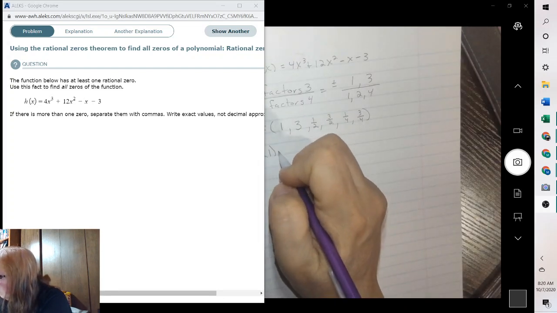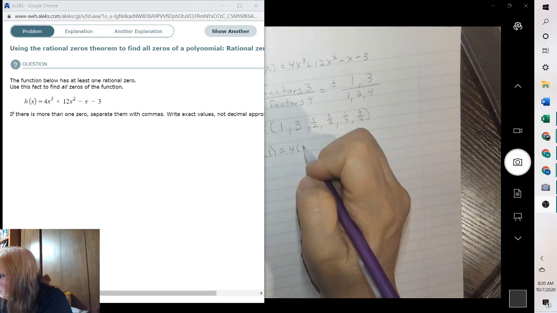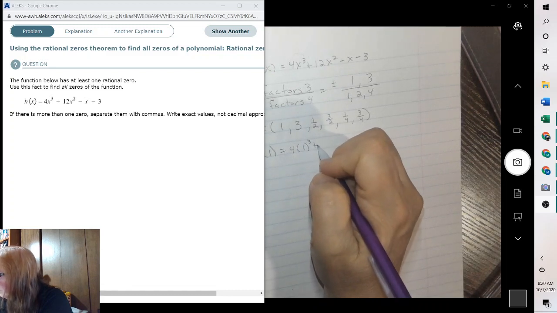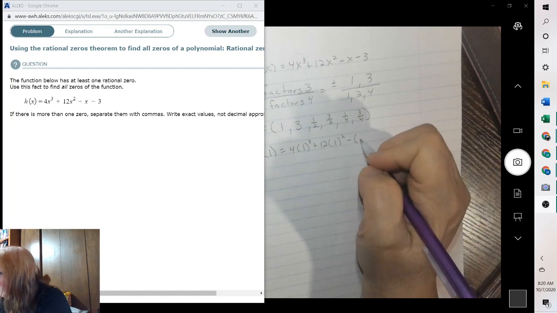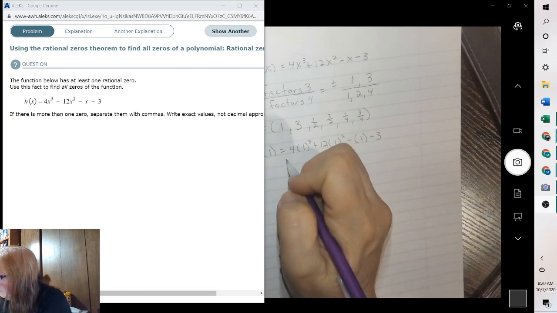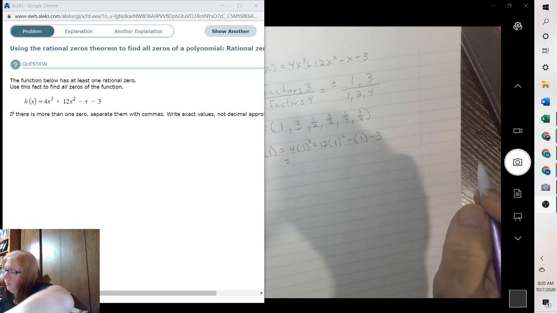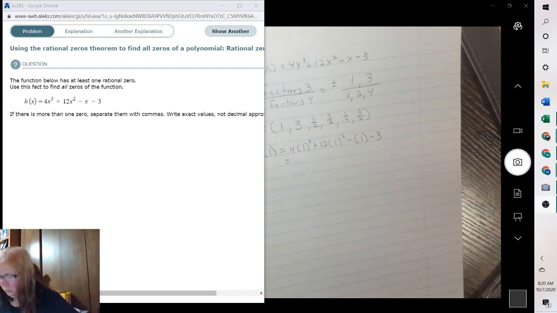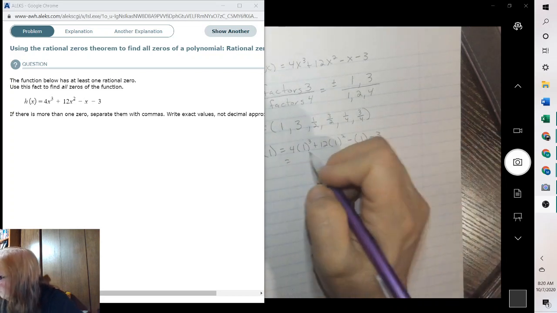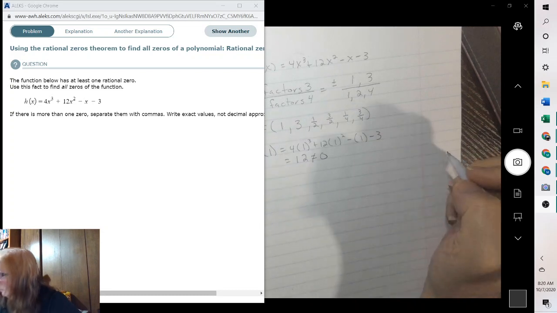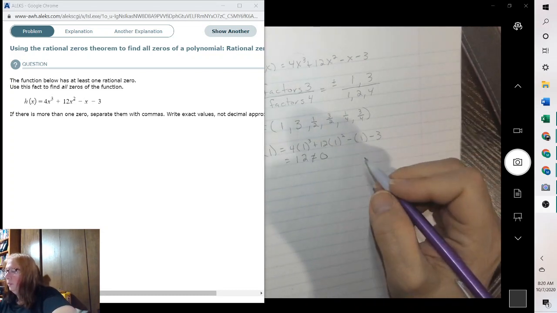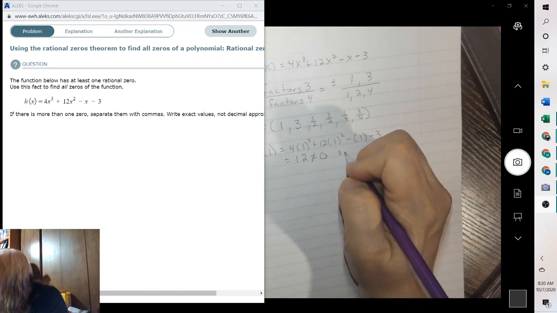If we plug in 1, 4 times 1 cubed plus 12 times 1 squared minus 1 minus 3, I think that gives us 12. It does not equal 0, so 1 is not a factor, or a 0.